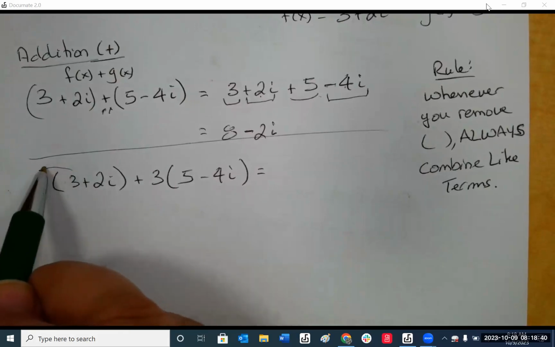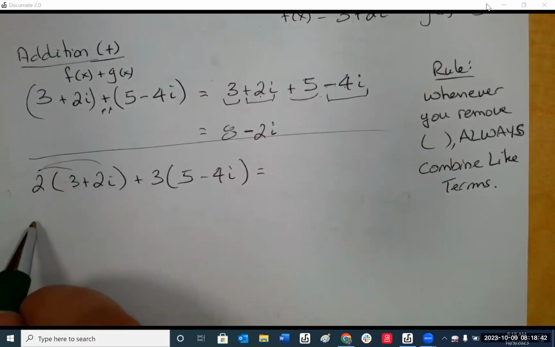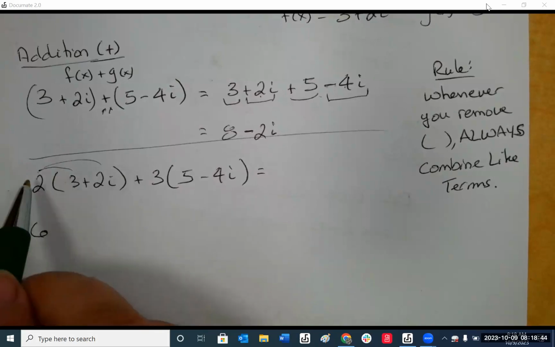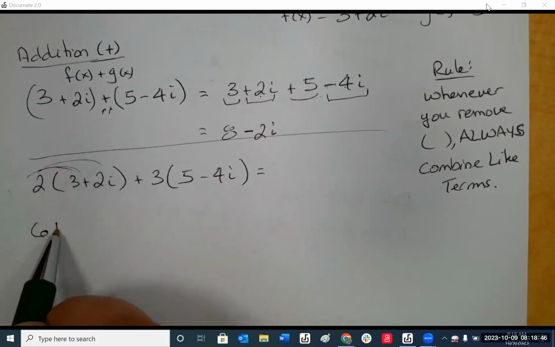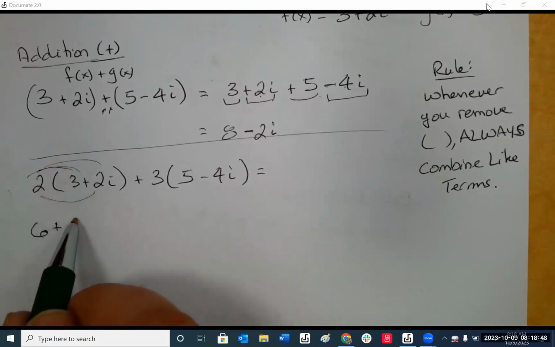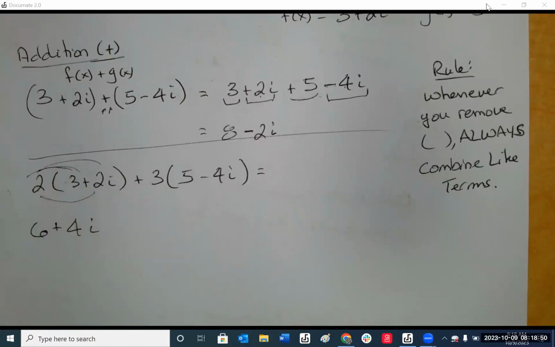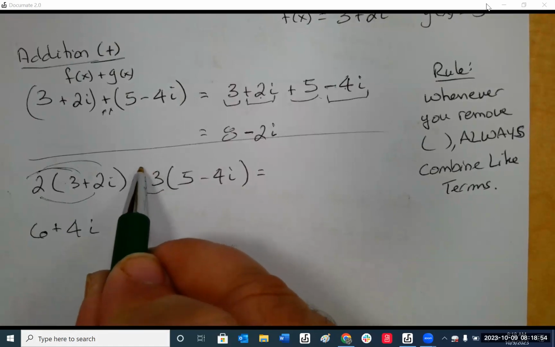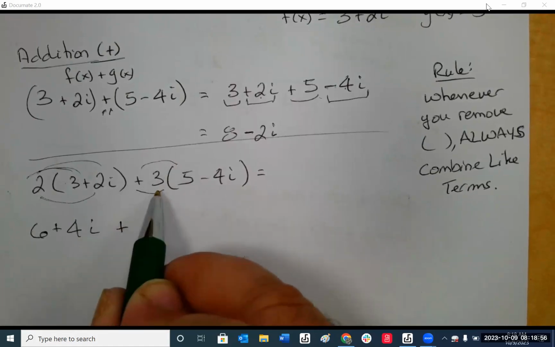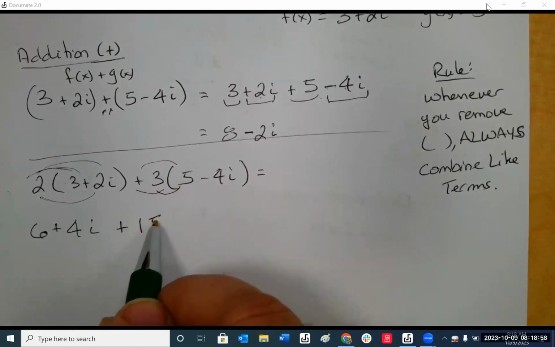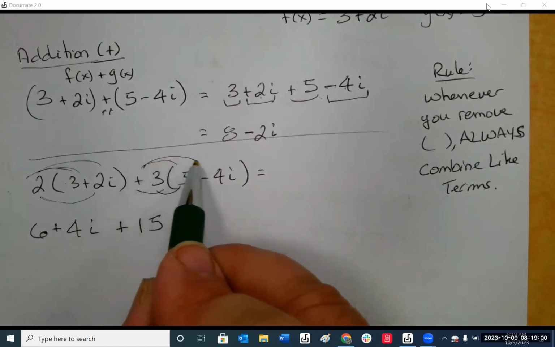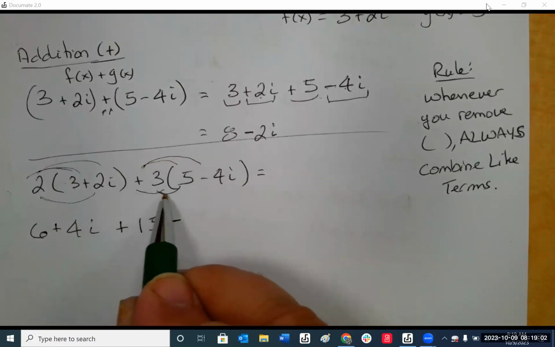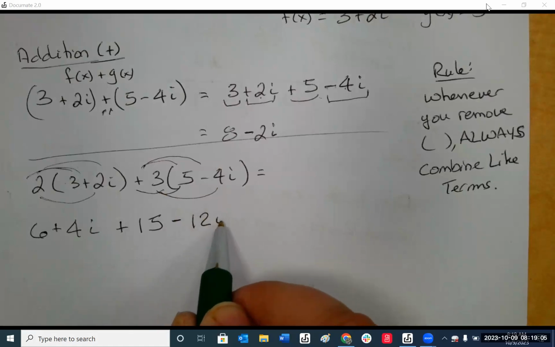So we distribute. 2 times 3 is 6. Positive times positive is positive. 2 times 2 is 4. Positive times positive is positive. 3 times 5 is 15. Positive times negative is negative. 3 times 4 is 12i.